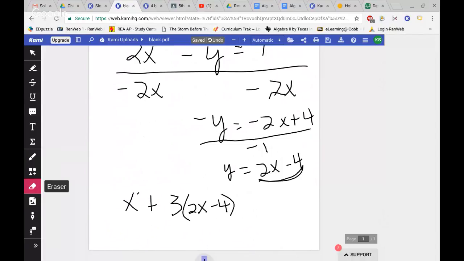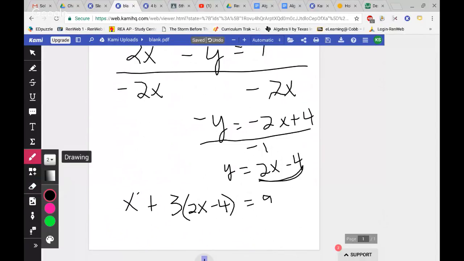Equals 9. Is that what you got? x equals 3? Plus 3. That makes sense.